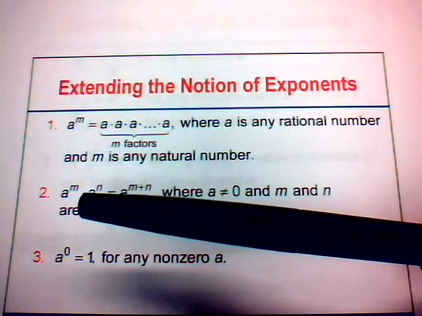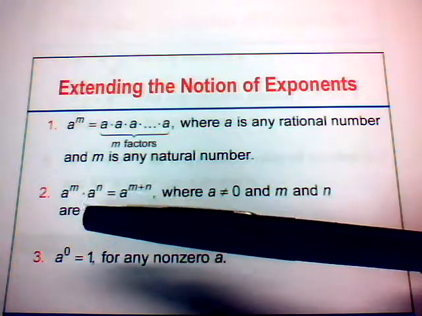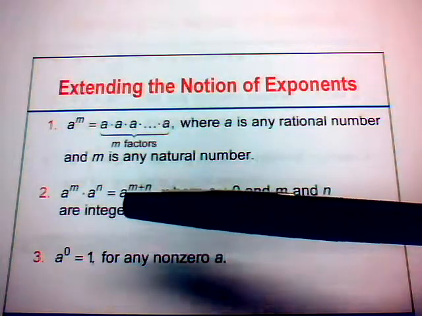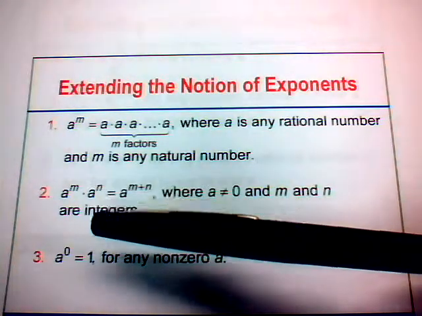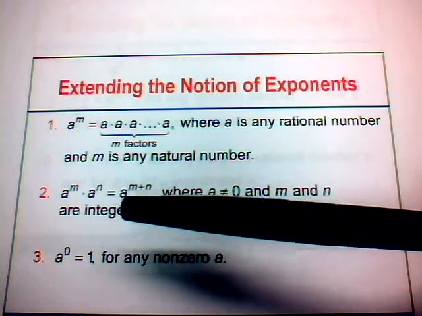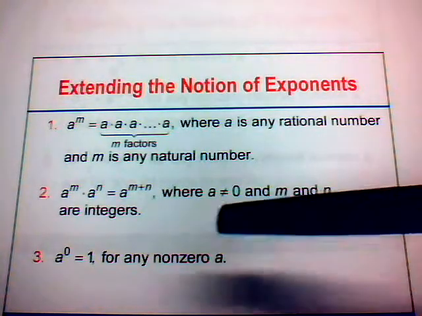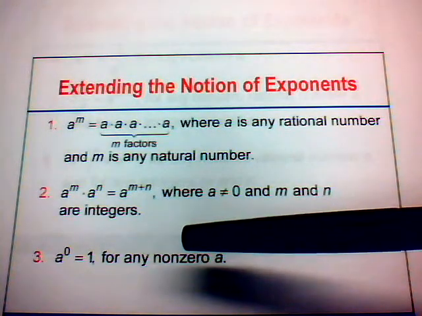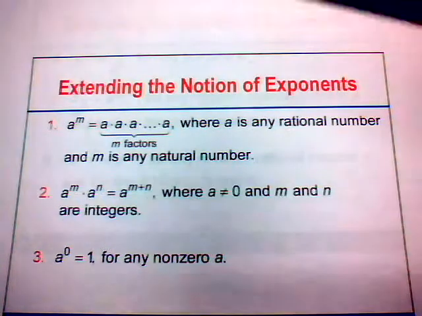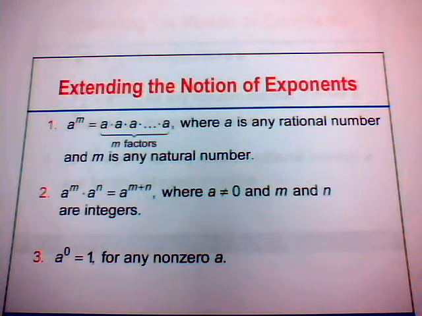And then this one is the product rule, where when you multiply powers of the same base, you add the exponents. So a to the m times a to the n will be a to the m plus n, where a is not equal to 0, and m and n are integers. So if you multiply powers of the same base, you just simply add the exponents.